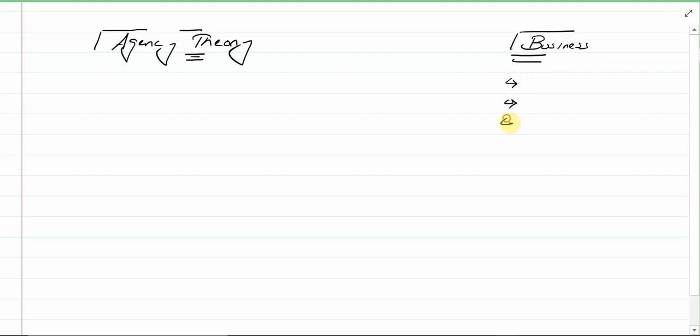In the types of business, we have discussed three types. The one is the sole tradership. The other one was the partnership. And the third one was the limited companies.